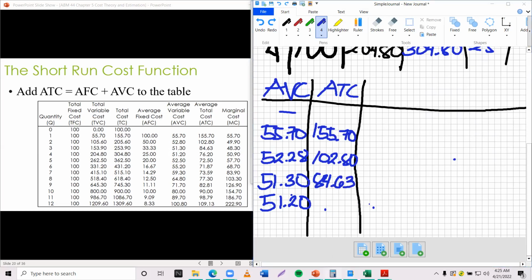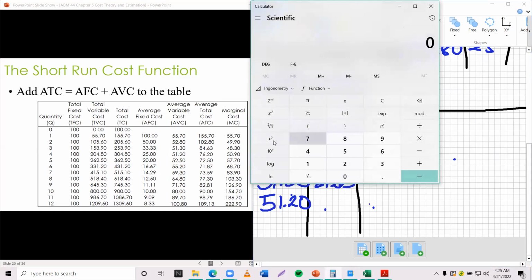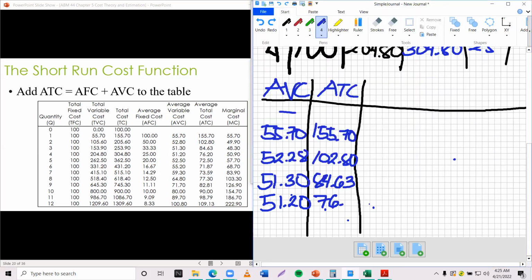And lastly, 25 plus 51.20 gives you 76.20. So this is the average total cost.